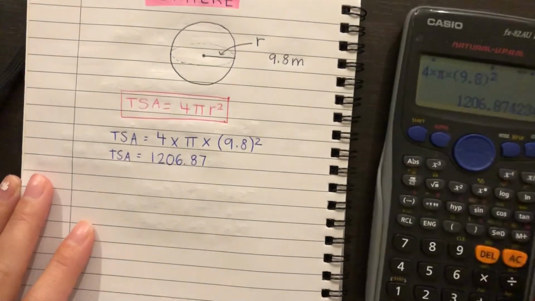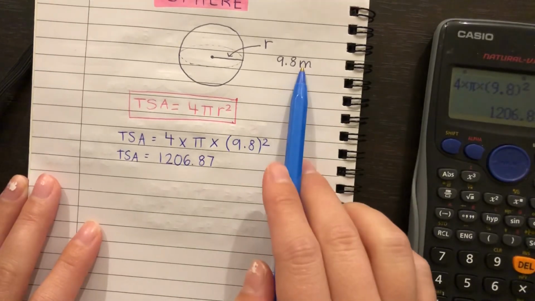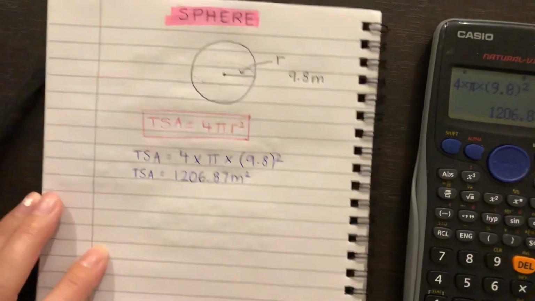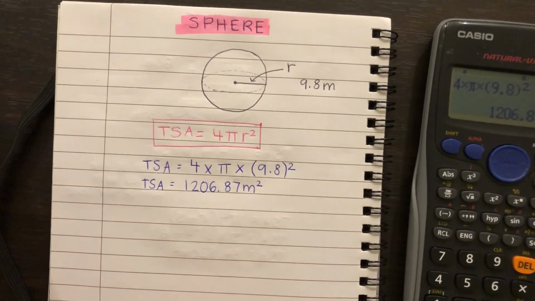Now we are working in meters here, so I'll write meters and then squared because we're dealing with area.